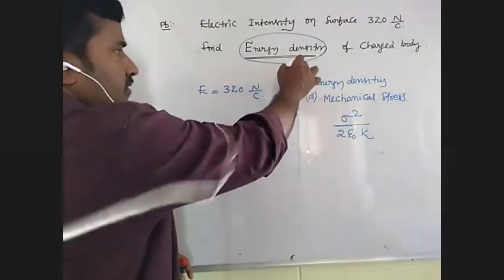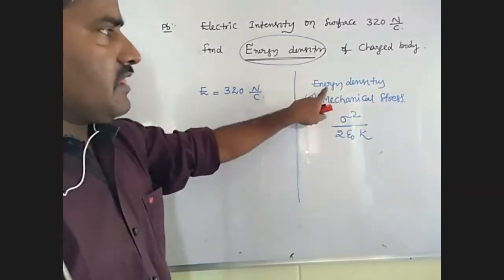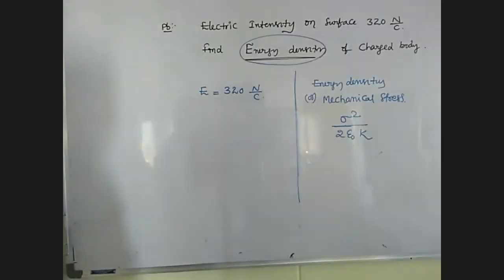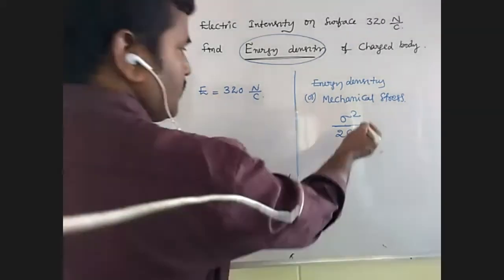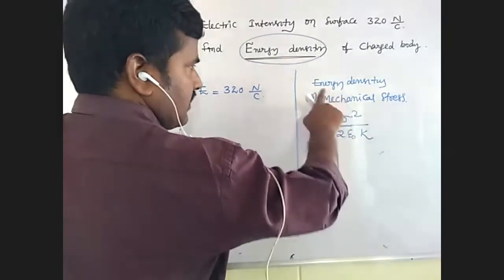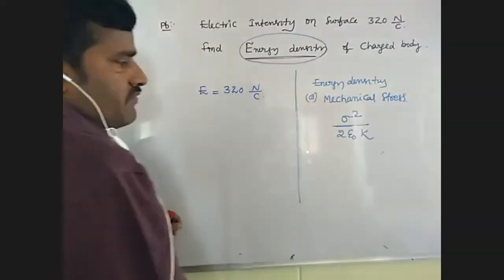The derived formula is energy density or mechanical stress equals sigma square upon 2 epsilon naught K.